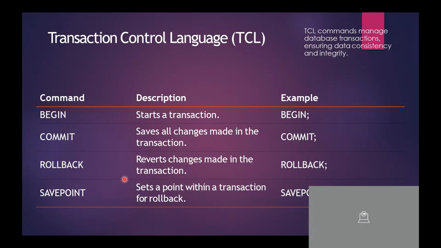We will see this in our practicals, so it will be clearer. I am giving this to you for information on how these five commands work in SQL, the structured query language. Savepoint sets a point within a transaction to roll back to.